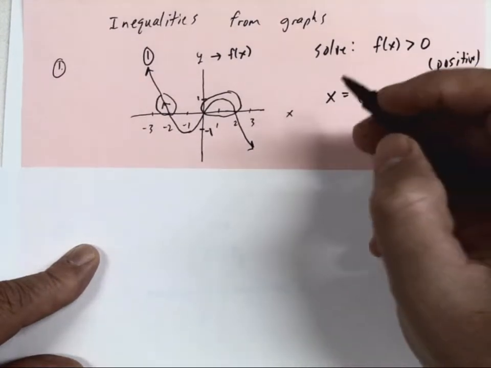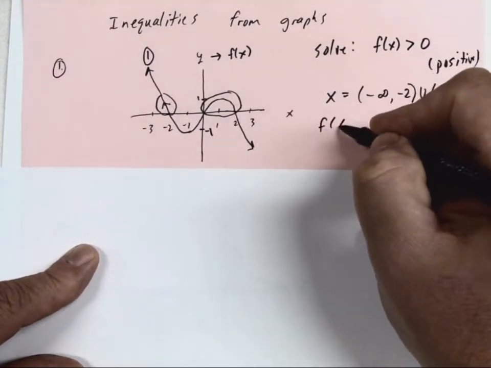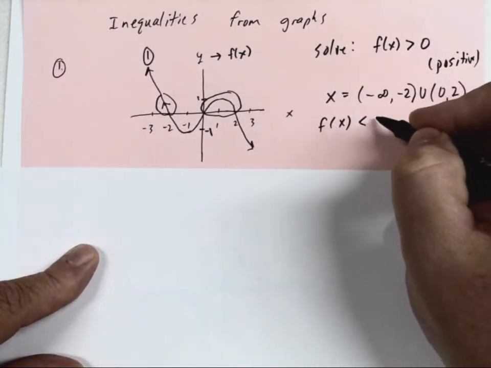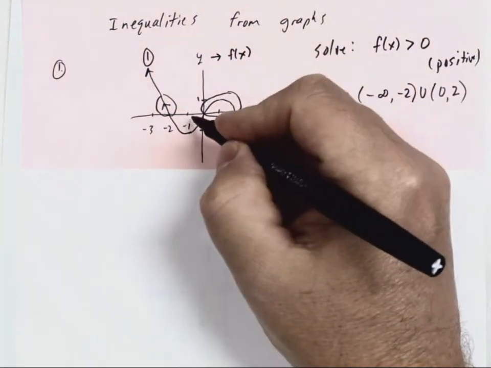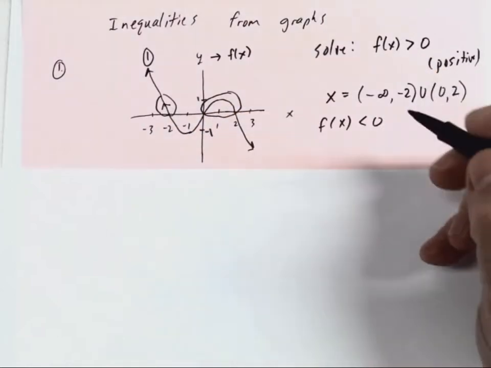Just for fun, what if they then said, solve this one, where is the function negative? When I'm looking for the places where the graph is below the x-axis, because that's where the function or the value of y is negative. Once again, it looks like I have two regions. The first one is here.